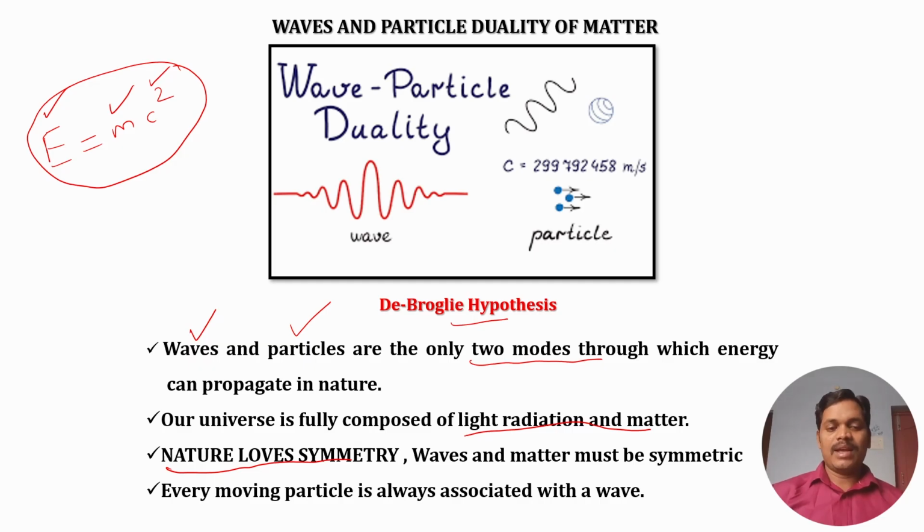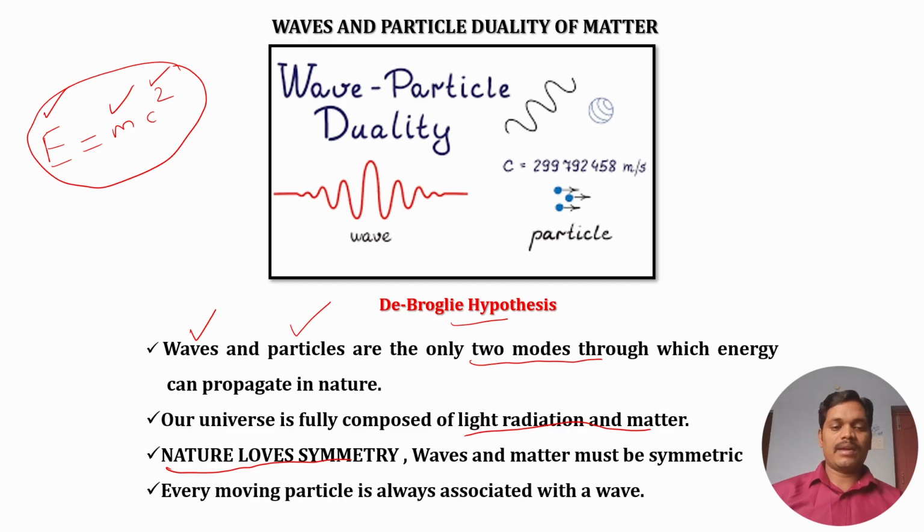He says nature loves symmetry. So we can correlate these two. Einstein has given three letters to describe how the universe is balanced, and Newton has given three words to describe the balancing nature of this universe.